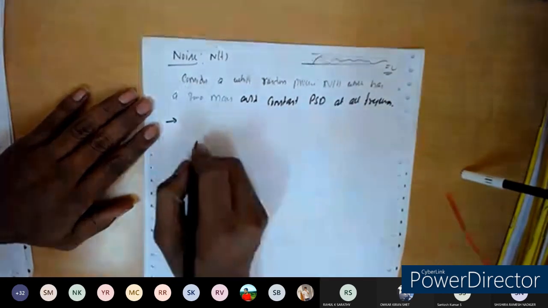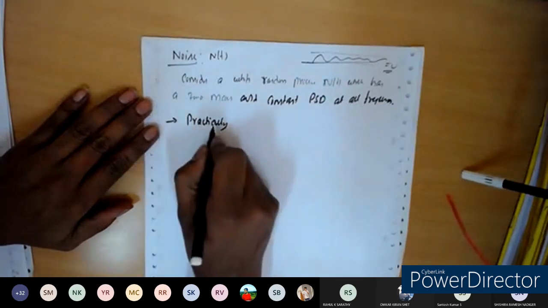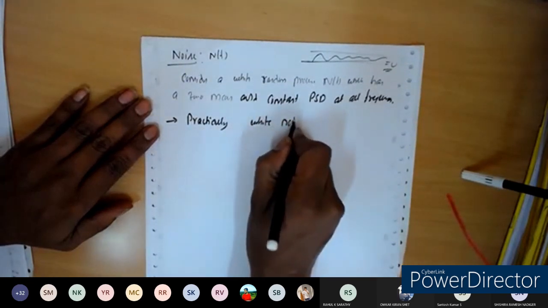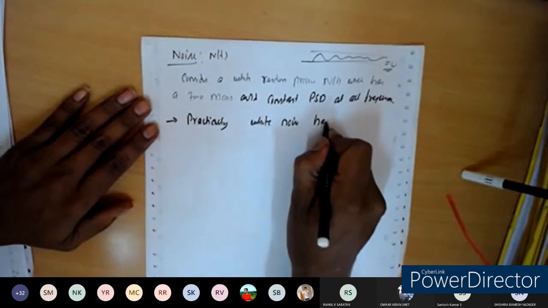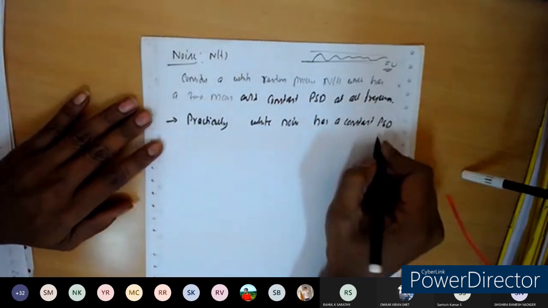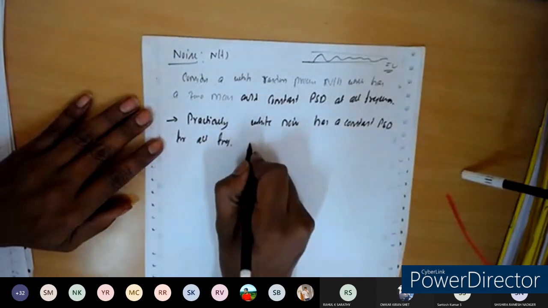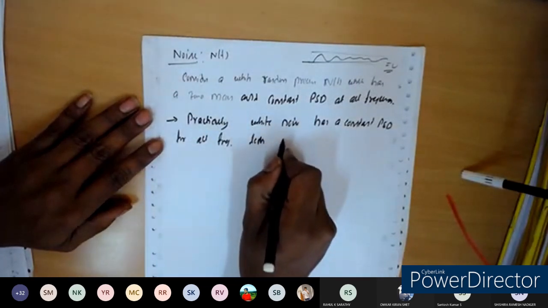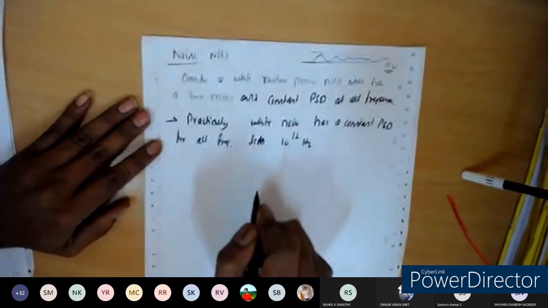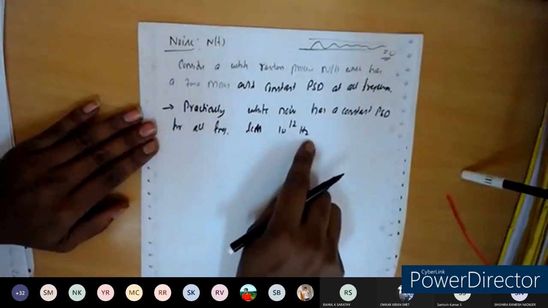Practically, white noise has a constant PSD for all frequencies less than 10 to the power of 12 hertz.